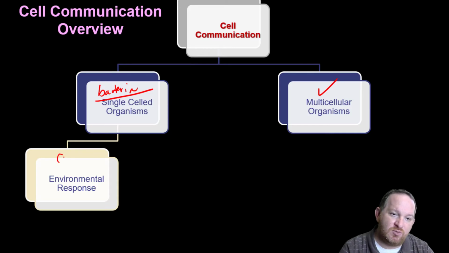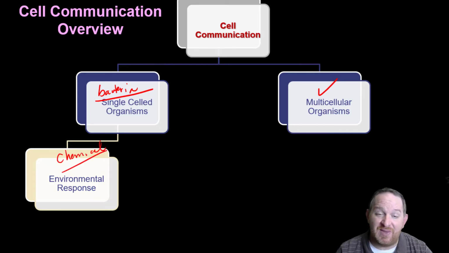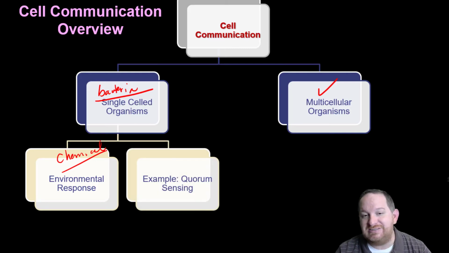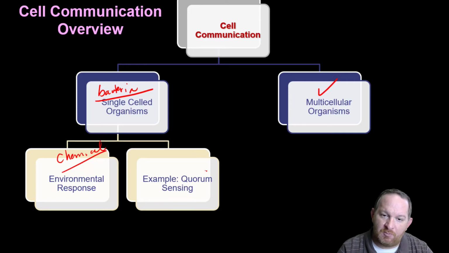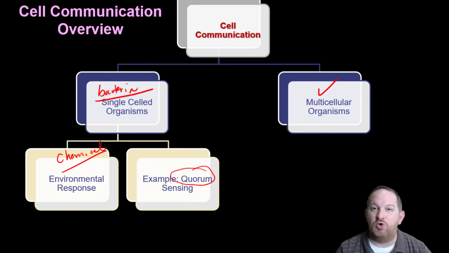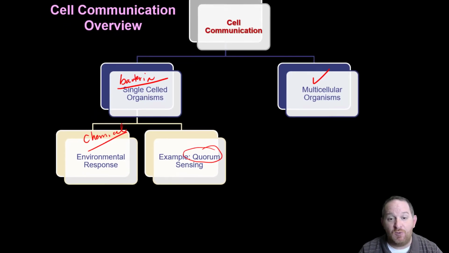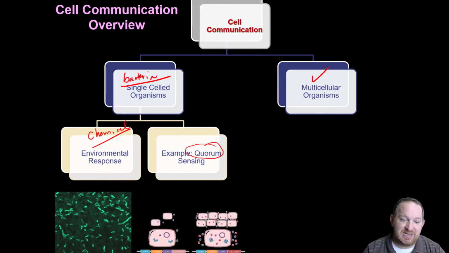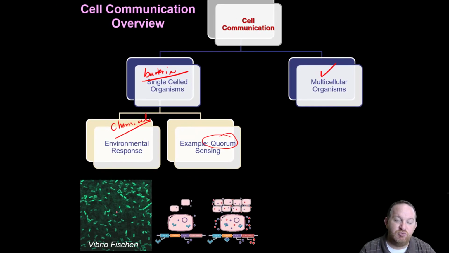So you need to think of this chemical, environmental response that they need to react to. One example is quorum sensing. If you know the word quorum, this just means, is there a quorum, or is there a group available? A prime example here is the bacteria Vibrio fischeri. They do some incredible quorum sensing.